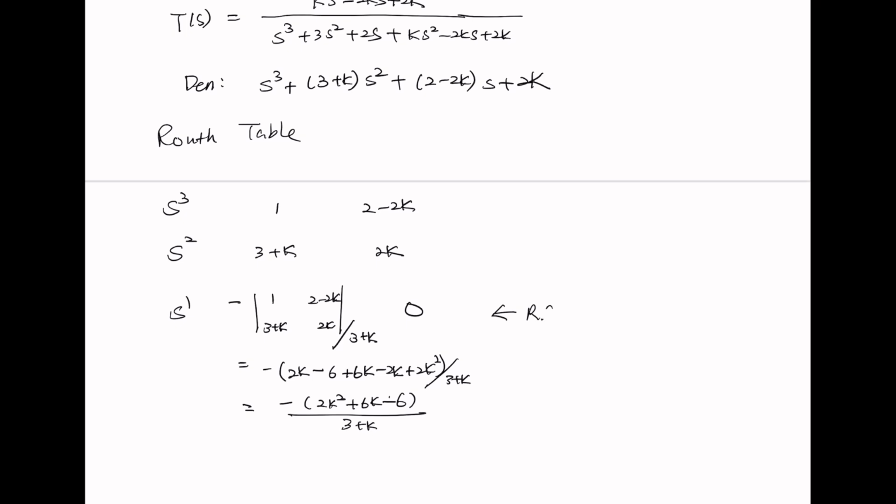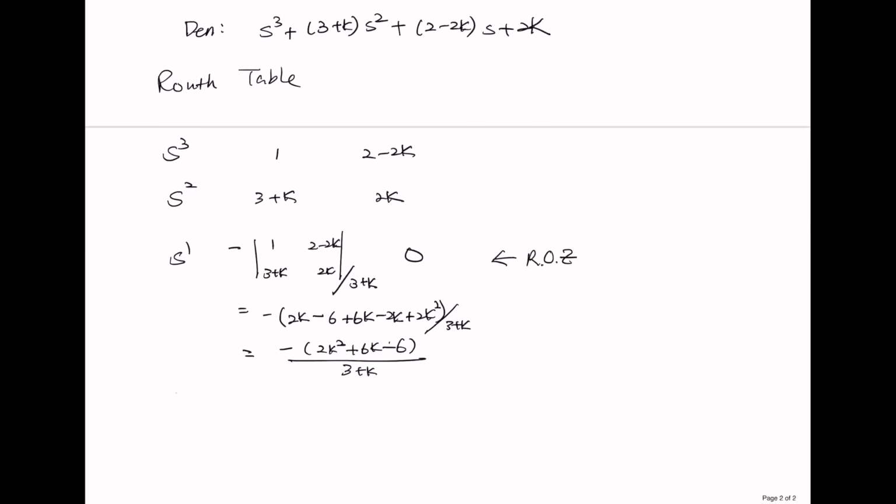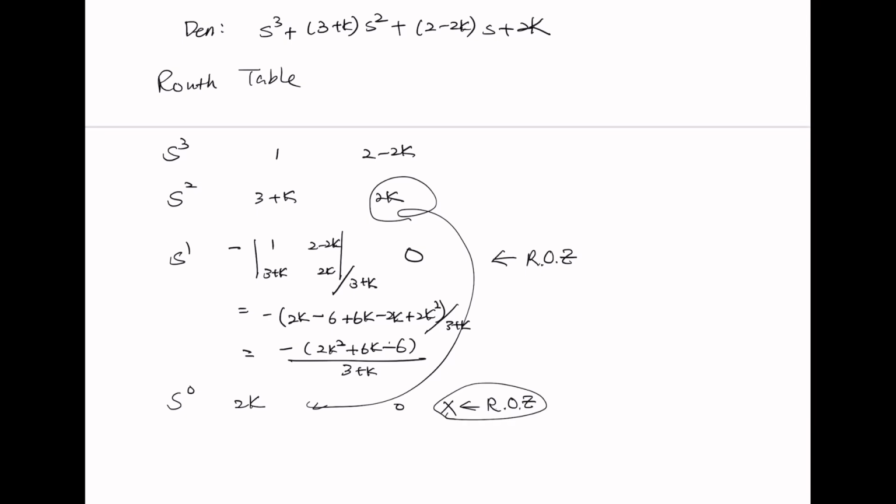This is the row of 0's, and finally the s0 term is 2k. This is not the row of 0's, so we cannot use that, because the auxiliary equation would not give us the j omega axis.